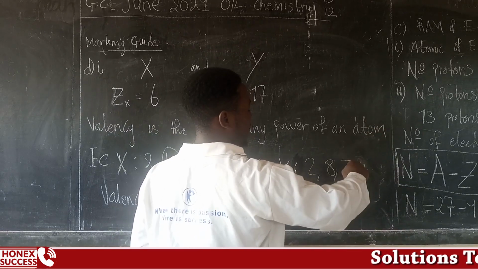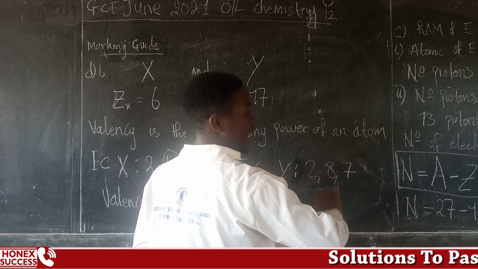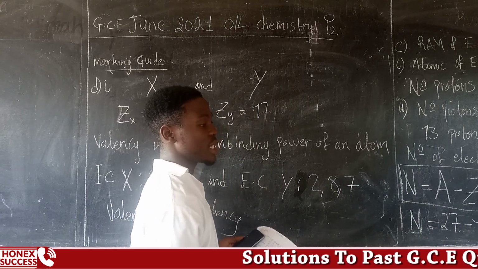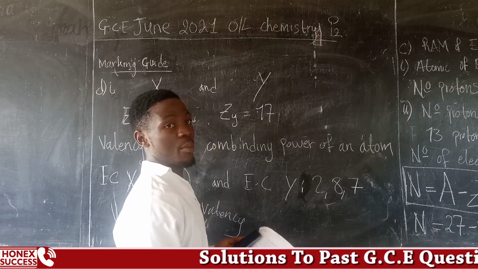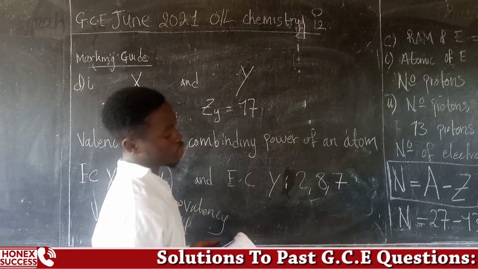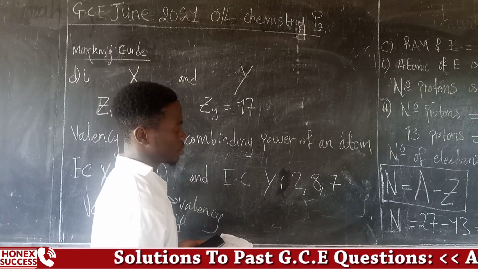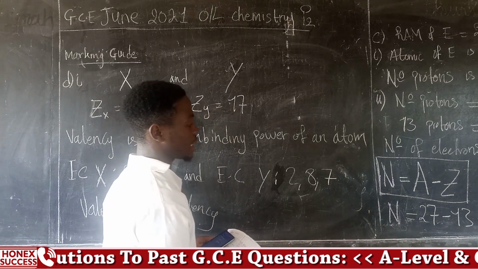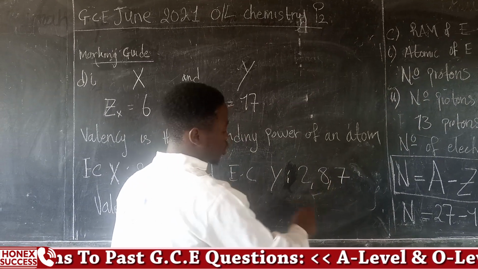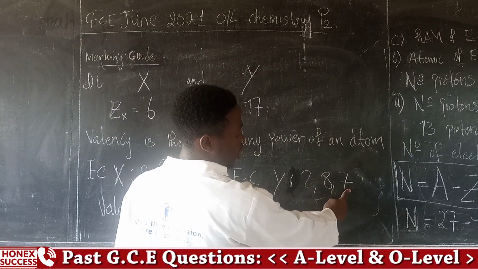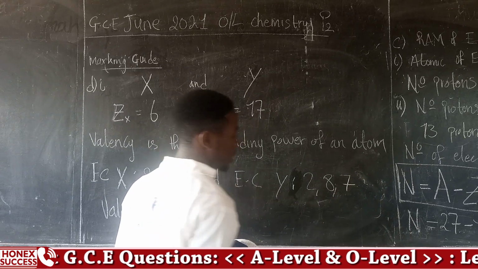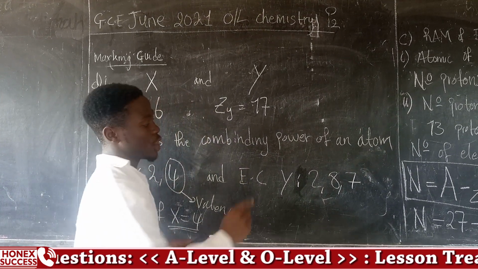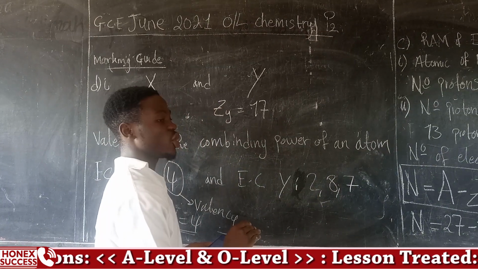Now for the case of Y, we notice that Y needs 1 electron to attain the most stable state, because for you to be stable as an atom, you need a maximum of 8 electrons on the outermost shell. We cannot say we are taking 7 because Y needs just 1 electron on the outermost shell for it to be stable.